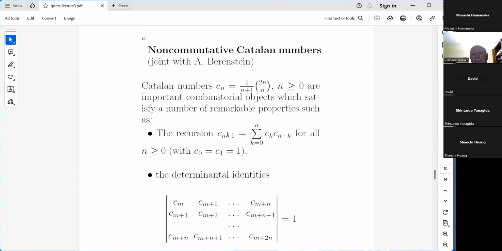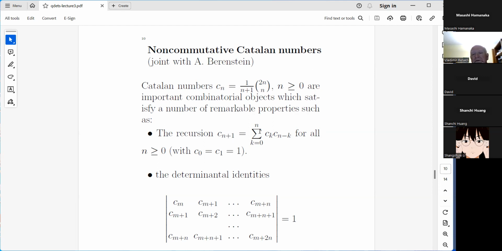Now, a very popular recursion is that C_{n+1}, which is a Catalan number, can be written as the following sum. To have this recursion, you just put C0 and C1 equal to 1.